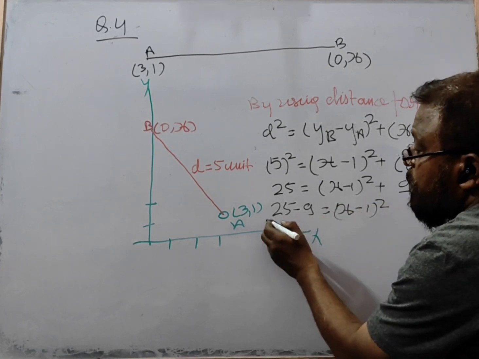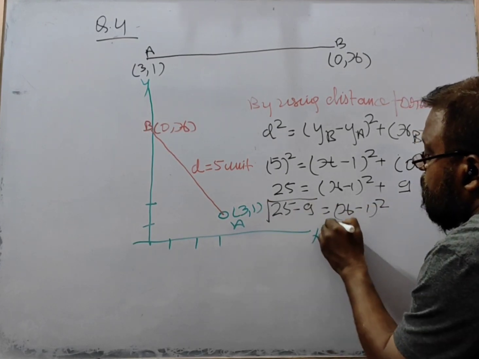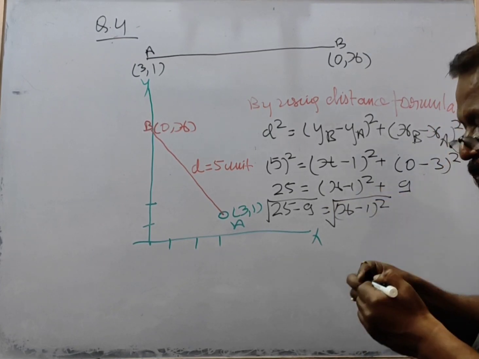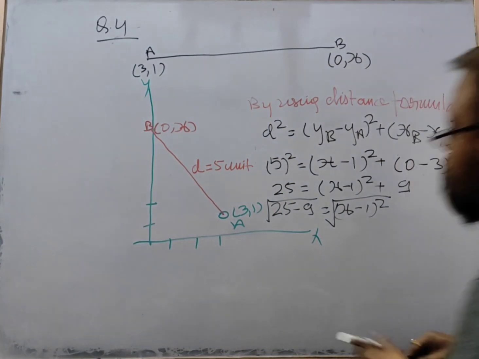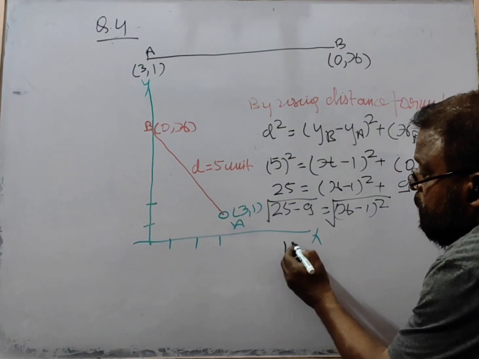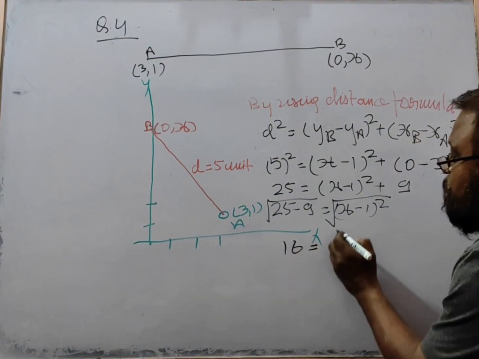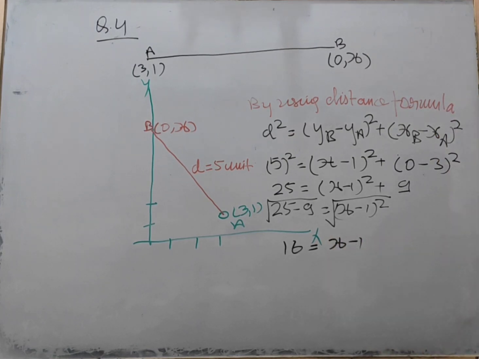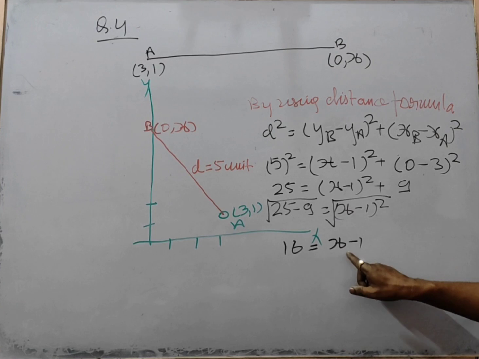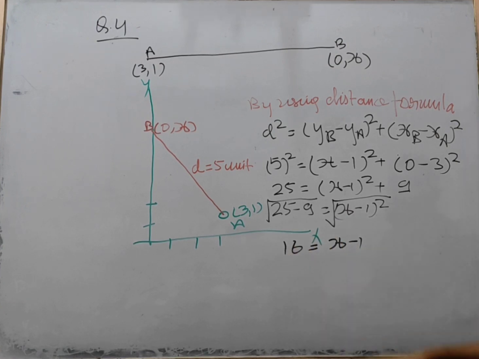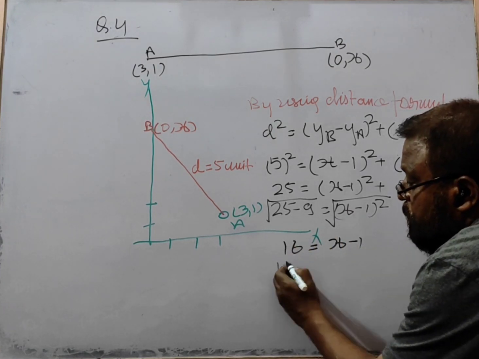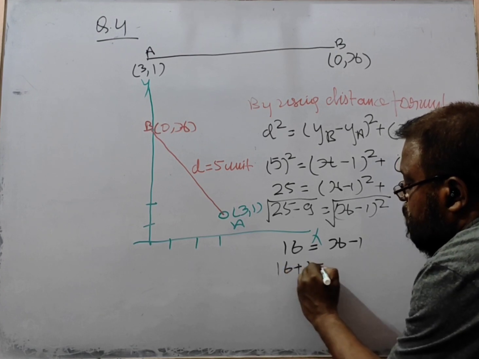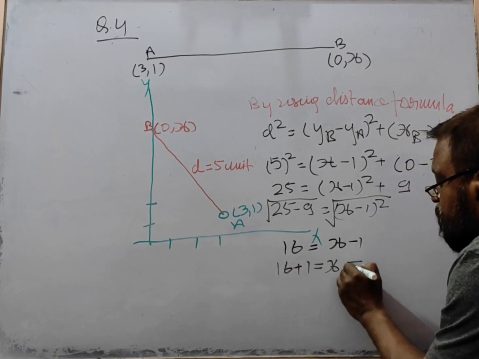Right? Taking square root both sides, we get 4 is equal to x minus 1. Right? So when we bring this on the other side, 4 plus 1 is equal to x.